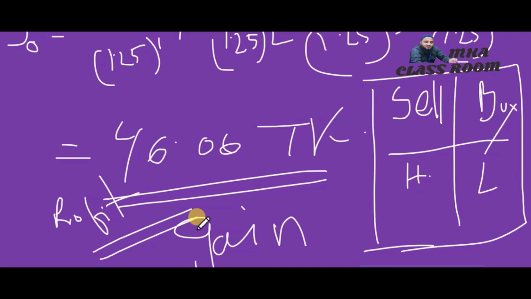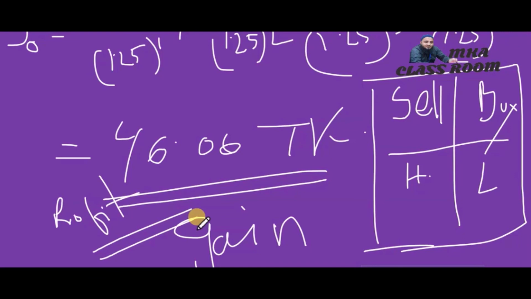In the same way, whenever we calculate share valuations, that means we will purchase at the lower price and we will sell whenever the price is high. That's why we have to calculate the intrinsic value, and this value will tell us when we will purchase the share and when we will sell the share.